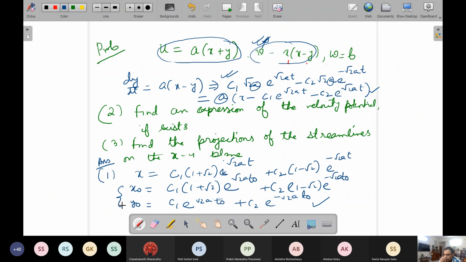But let us see a very interesting case. So let us take an example. I mean, the general case is very straightforward. From these two equations, two unknowns, you can in principle find out C1 and C2. Let us consider a very interesting special case.